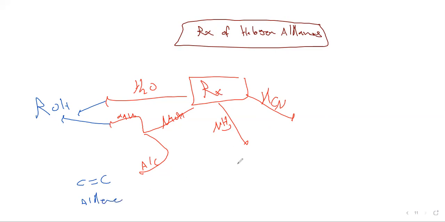In case of NH3, it will produce RNH2, amine. In case of KCN, it will produce RCN, nitrile. This is the reaction of halogen alkanes.